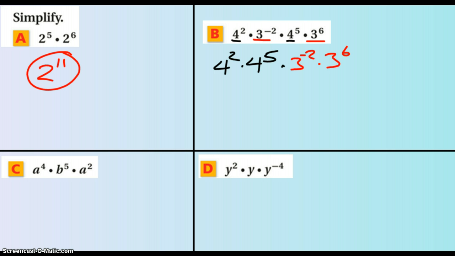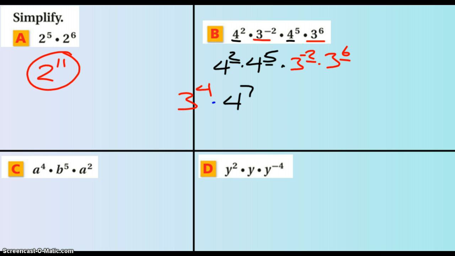And a simplified expression shows that we'll have, so I can add those two together, 4 to the 7th times, and I can add these two together, negative 2 plus 6, I add 3 to the 4th. And we could leave it just like that. Technically, I guess I should have put this out front. That's okay. A lot of times you'll see the smallest base out front. But anyway, that's how we could write that.